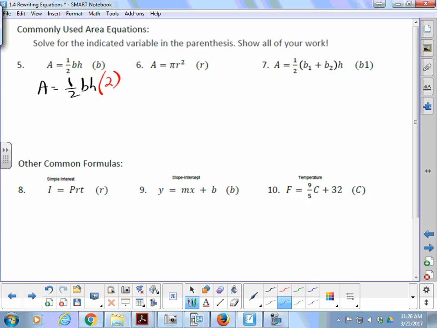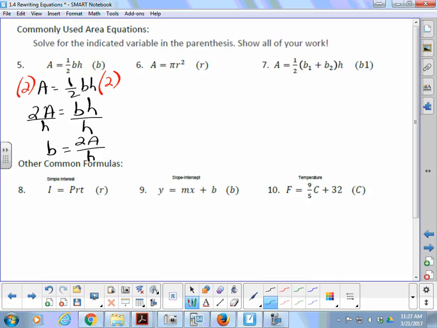So I'm going to multiply by 2. All right. So we get 2A equals bh, and we're solving for b, so we divide by h. So b equals 2A over h. Now make sure that when you're doing these, if it's a lowercase letter, use lowercase. If it's an uppercase letter, use the uppercase.